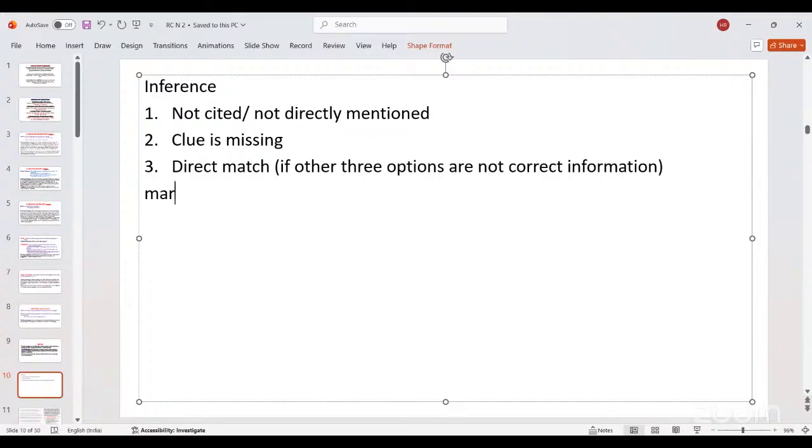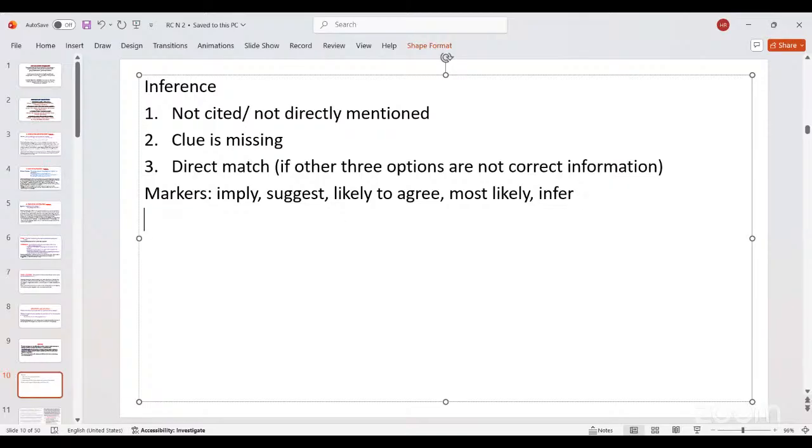Now, how would you know it is an inference question? If you find the word imply, suggest, likely to agree, most likely, and of course the word infer, then it is inference.